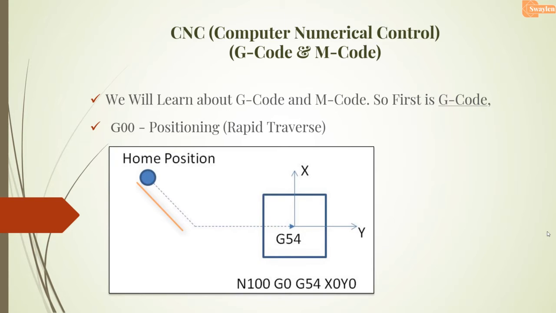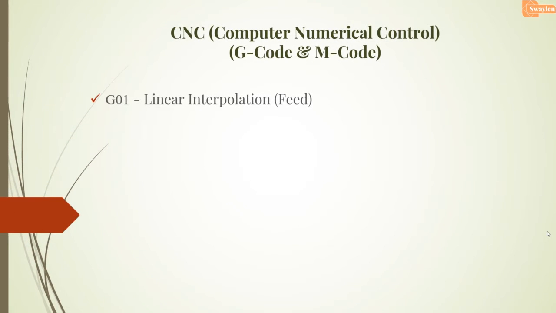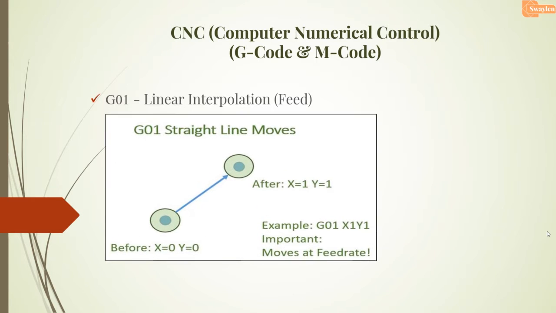See the positioning. Next, G01. The G01 is used for linear interpolation with feed. You will see in the image, our start position is X0, Y0 and now our position is X1, Y1.